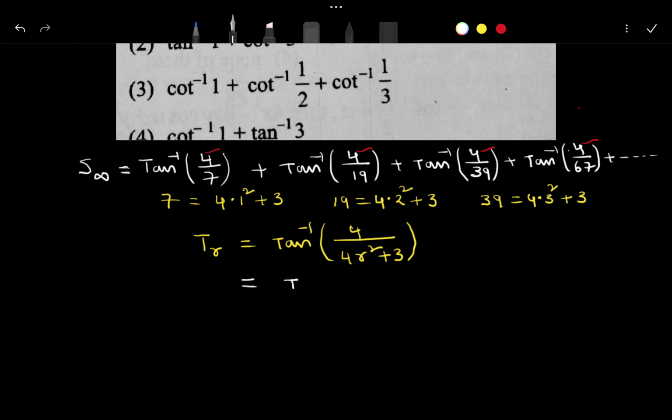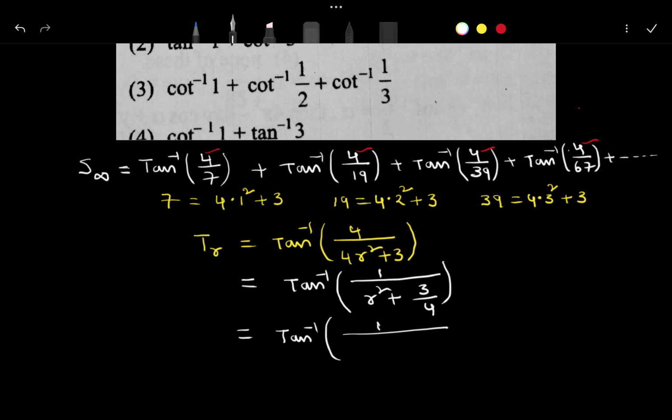Here we can write tan inverse of, dividing numerator and denominator by 4, 1 divided by r square plus 3 by 4. Now tan inverse of 1 divided by 3 by 4, which you can write as 1 minus 1 by 4.